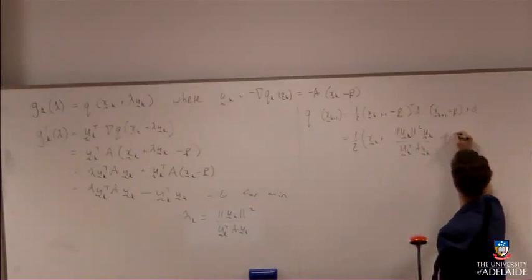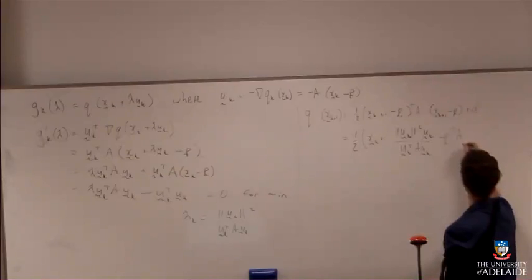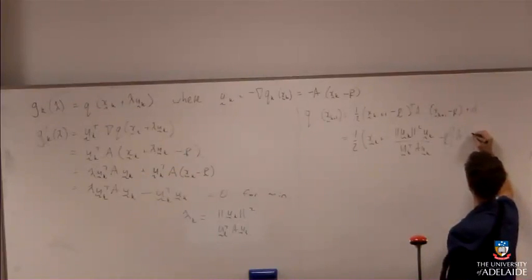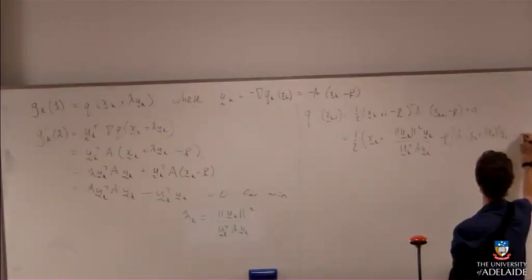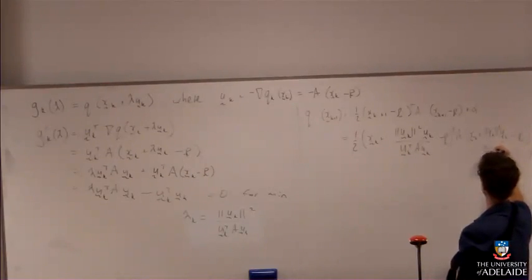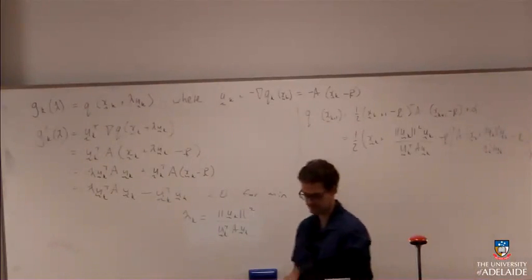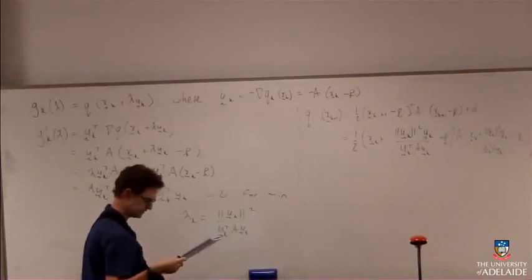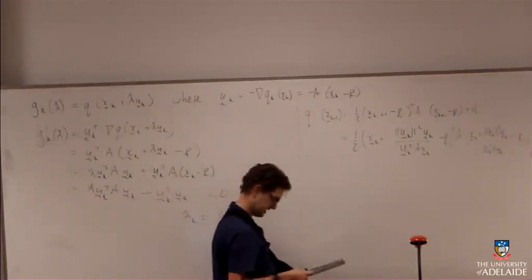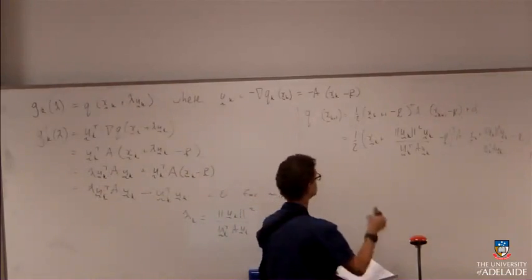Take away p, transpose A, and then the same thing again, x_k plus u_k squared, u_k minus p, I think. I'm just on the board there, but that term is divided by u_k transpose A u_k. So that's a fairly ugly expression that you can expand out, and I will expand that out in this way.